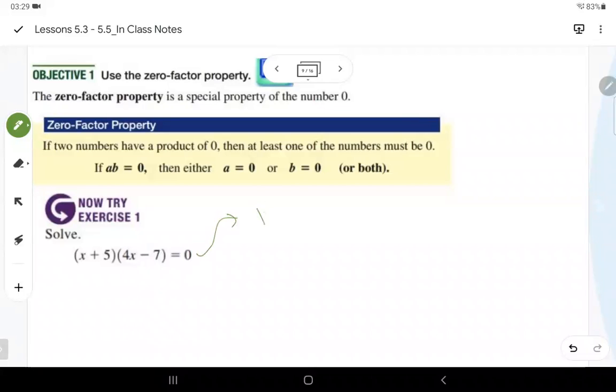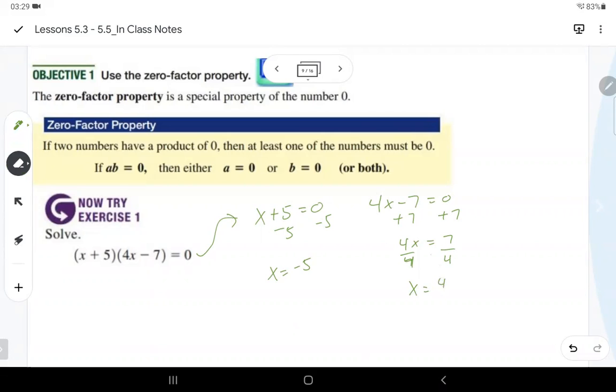So we're just going to set each factor equal to 0 and solve to get our x's.